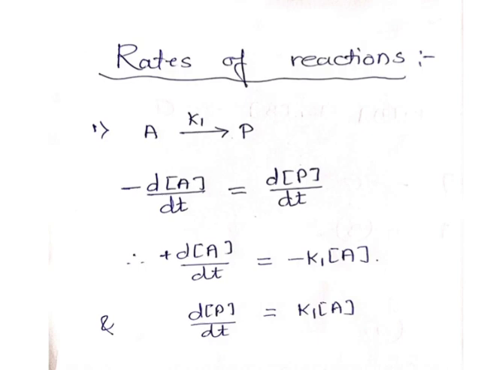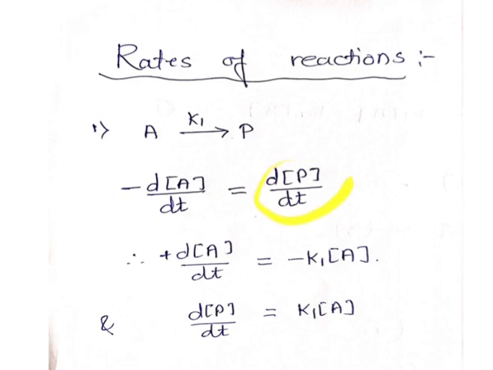That means you have to write down a rate as minus d concentration of A divided by dt. As we have defined, rate means the rate of change of concentration of any reactant with respect to time. Here reactant A goes on decreasing to form a product, so the rate of reactant is minus.